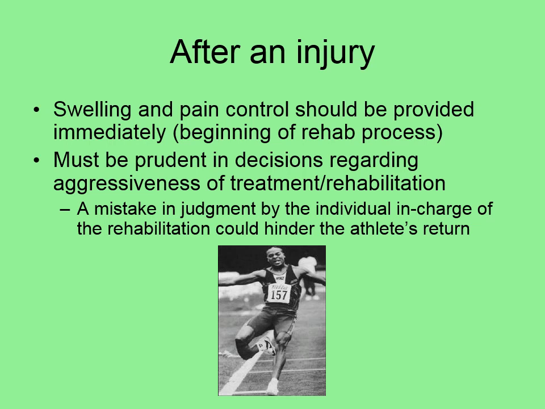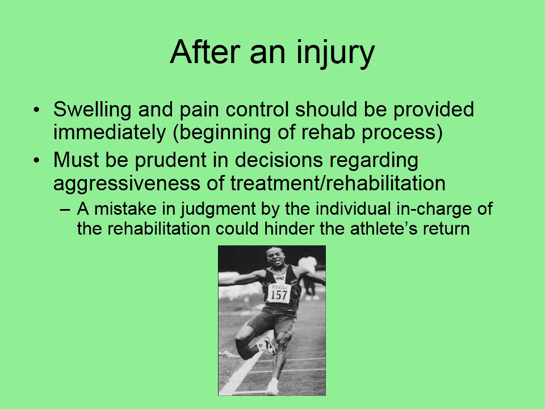We have to be prudent in decisions regarding aggressiveness of treatment and rehab or return to play. A mistaken judgment by the individual in charge of the rehabilitation could hinder the athlete's return. This particular picture is actually somewhat gruesome. My head athletic trainer in college actually knew this individual. He was a triple jumper who was jumping in the Olympic trials, trying to qualify for the Olympics.